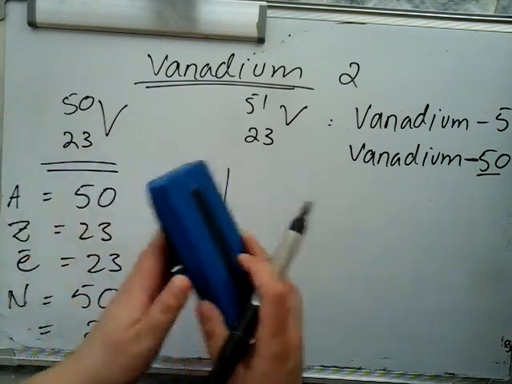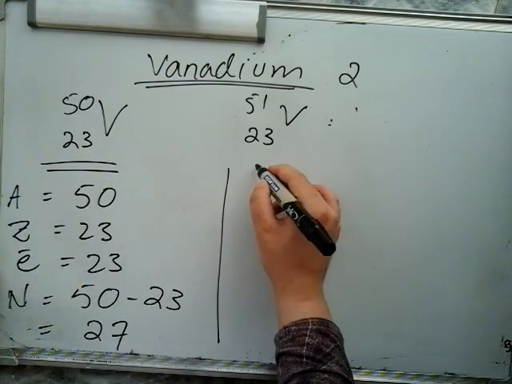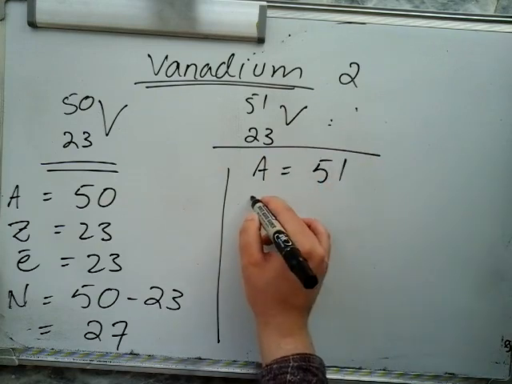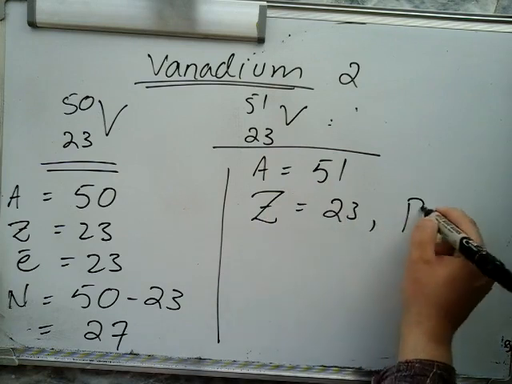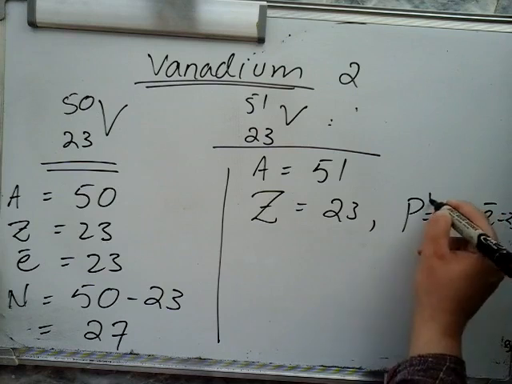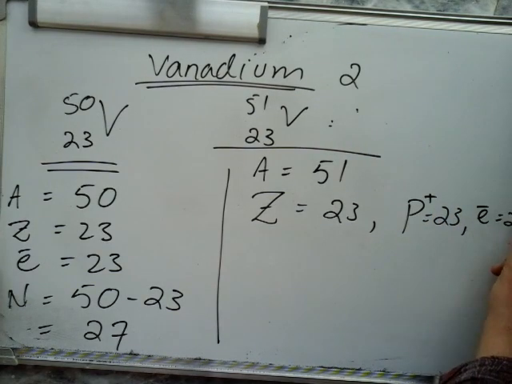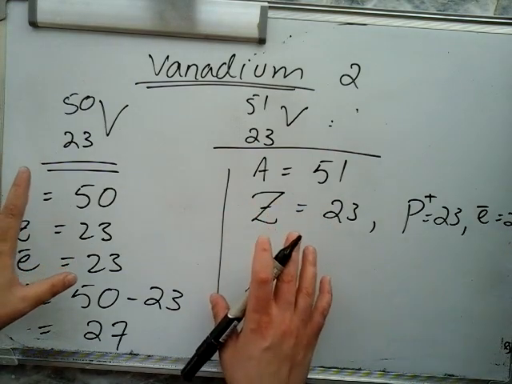So let's calculate the number of neutrons of this vanadium. Here the mass number is 51, atomic number is 23. It means proton is 23 and electron is also 23. Is that clear? Both the number of protons and electrons are the same, so the chemical properties of these two isotopes are the same.